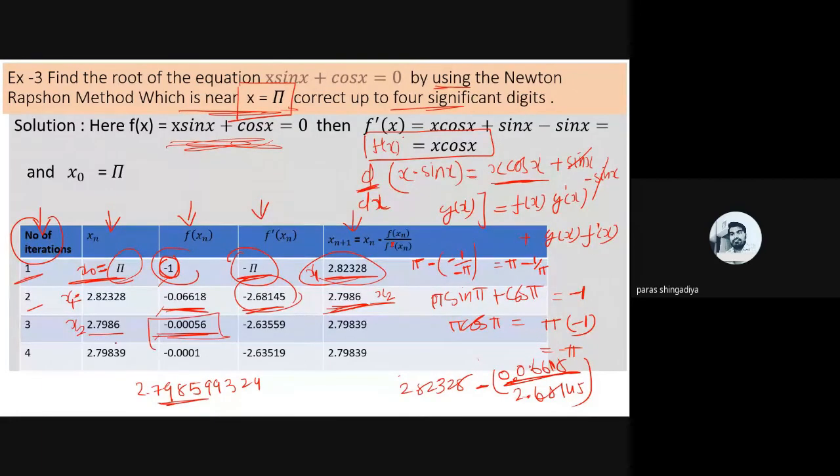So function output at 2.7986: replace 2.7986 into sine 2.7986 plus cos of 2.7986. And we'll get this value in the radian mode of the calculation. And then after check its derivative output, x into cos x, and replace this 2.7986 into the x into cos x.